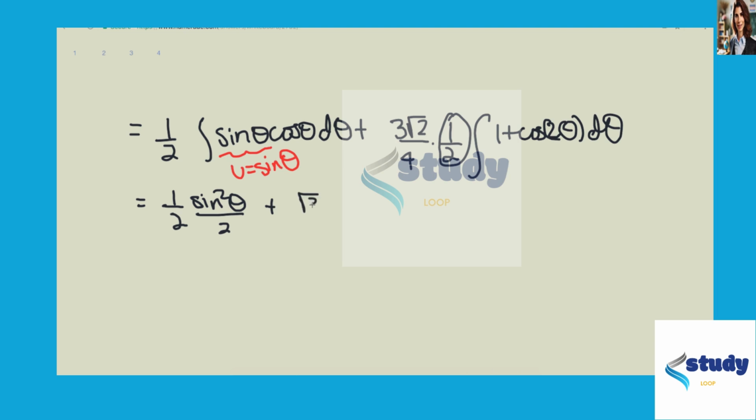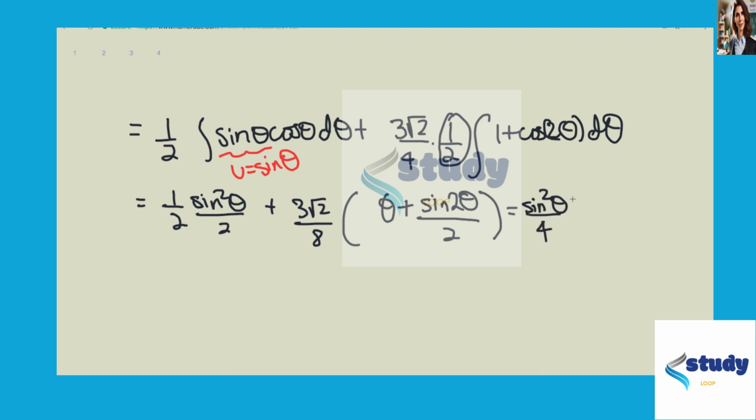And then we have 3 root 2. Combine that 4 and the 2 to get an 8 down there. And then taking the integral, we have theta plus sine 2 theta over 2. Now here, let's just rewrite this a little bit. Sine squared over 4. 3 root 2 over 8 theta.